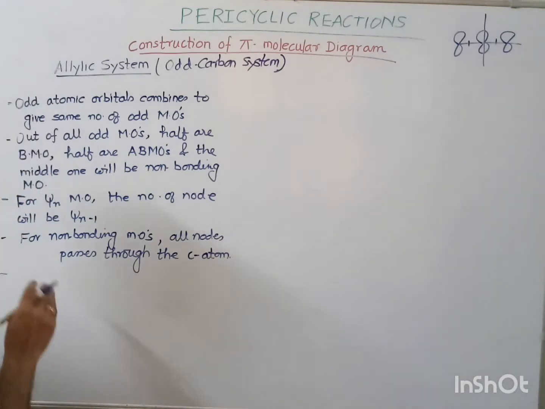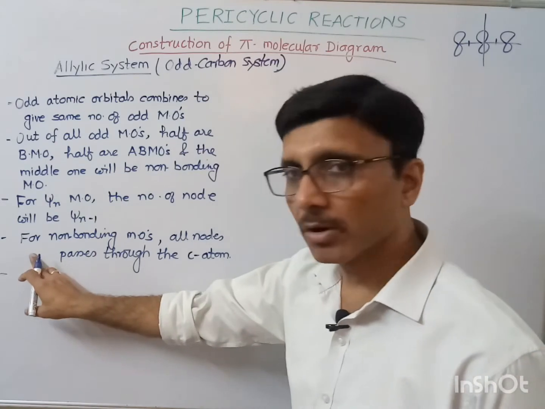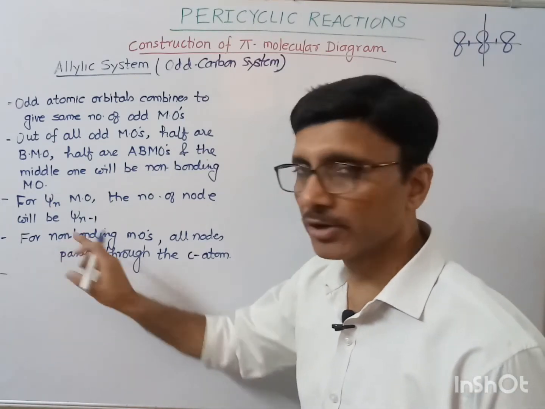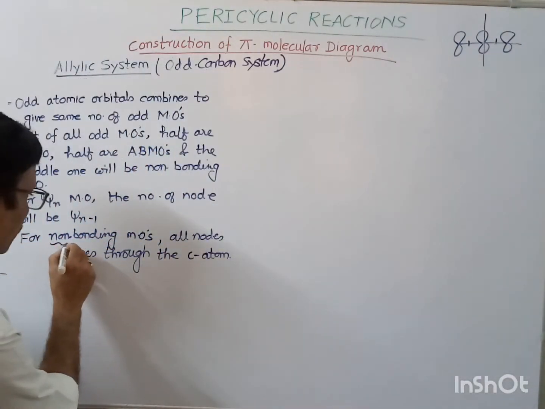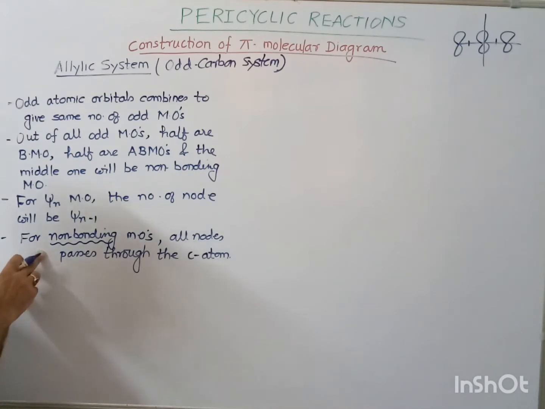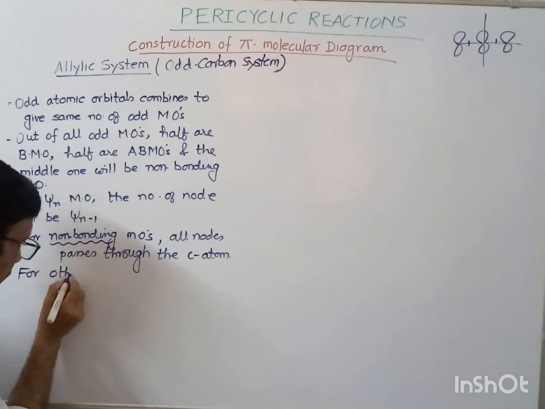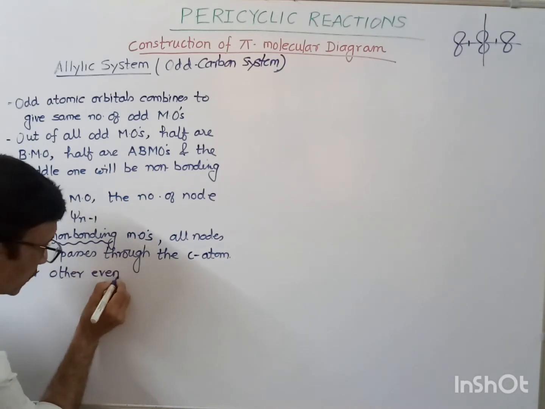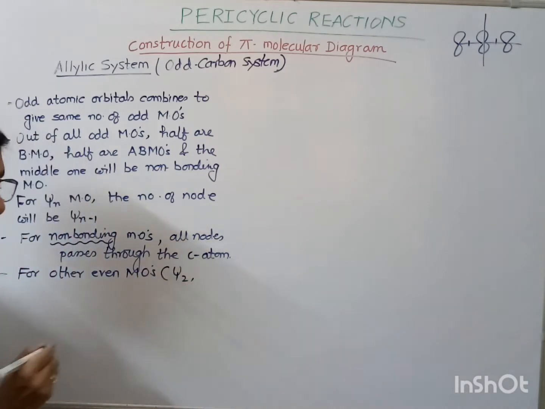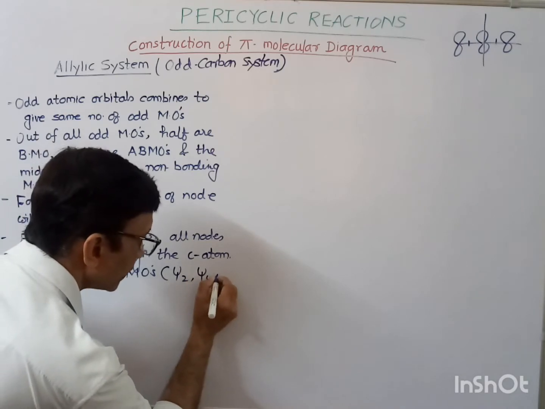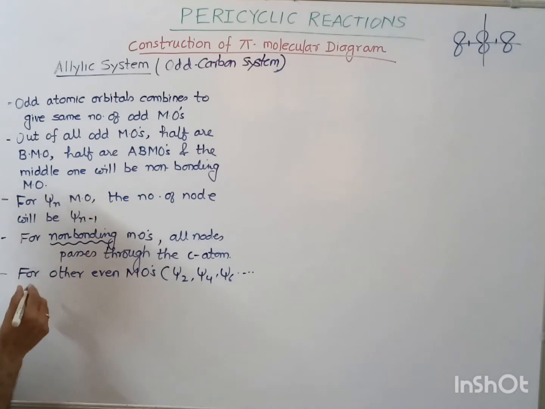Now for other even molecular orbitals, this is apart from the middle even molecular orbital, which is the non-bonding molecular orbital. For example, it may be psi 2, psi 4, psi 6, but except the non-bonding one.